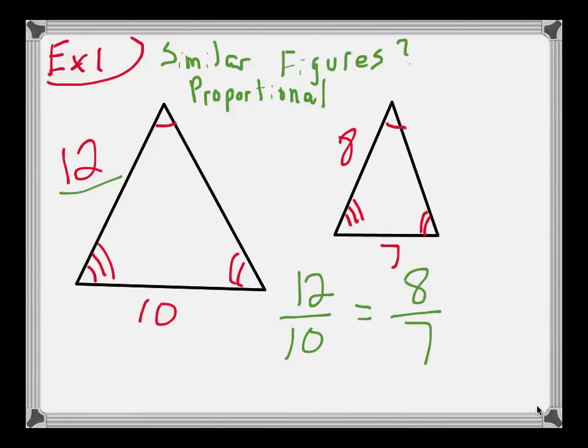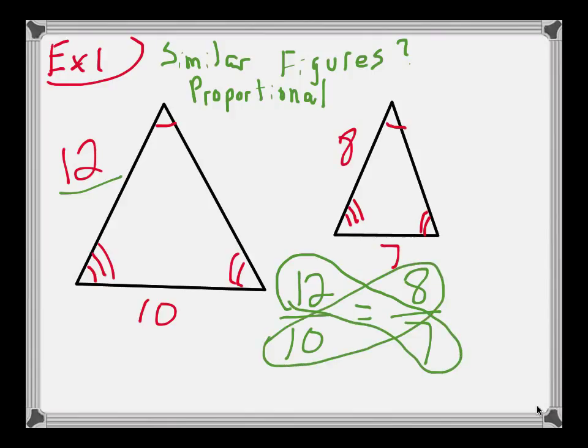That's not the big deal. The big deal is, for something to be proportional, if I just cross multiply these numbers after I set up a ratio of proportion, if they are equal to each other, that says that they are similar figures, that they are proportional.